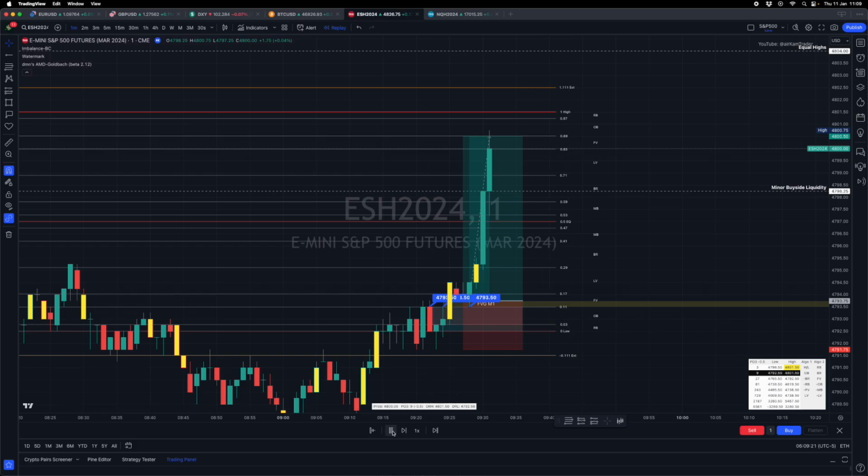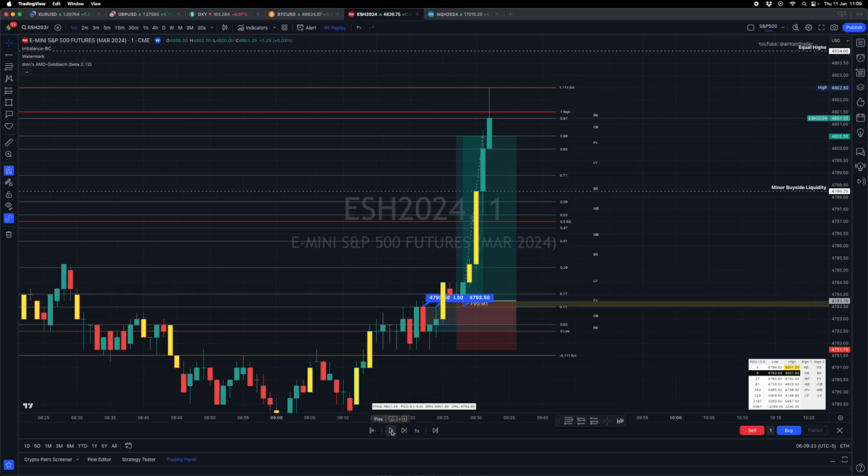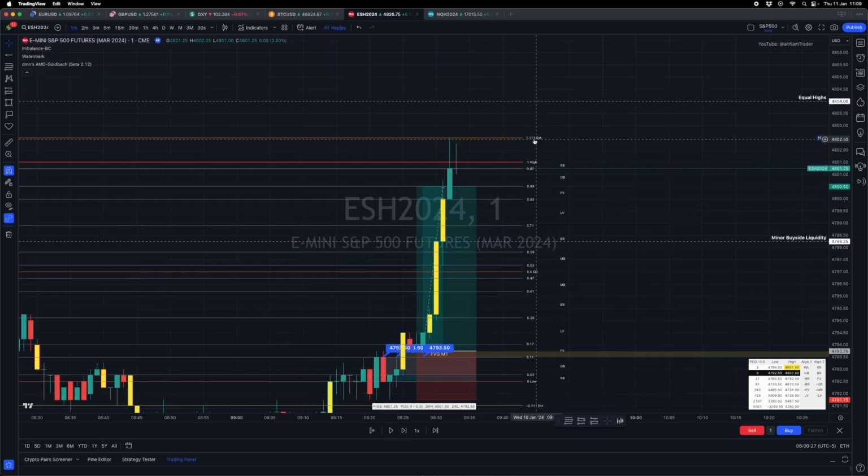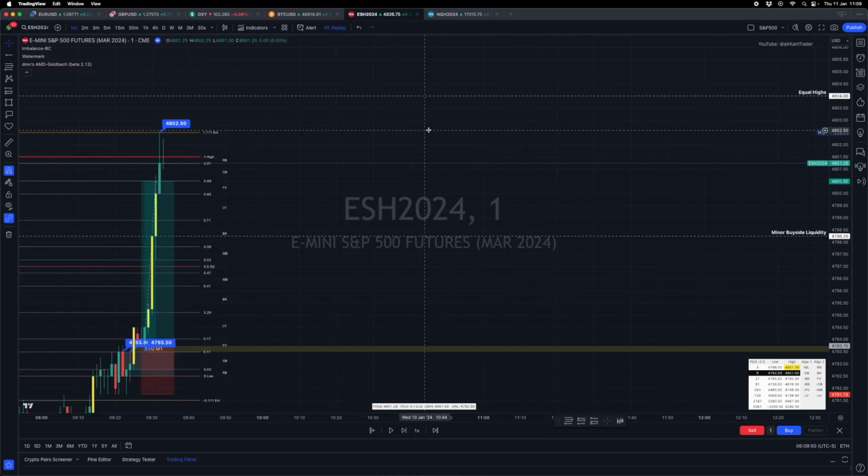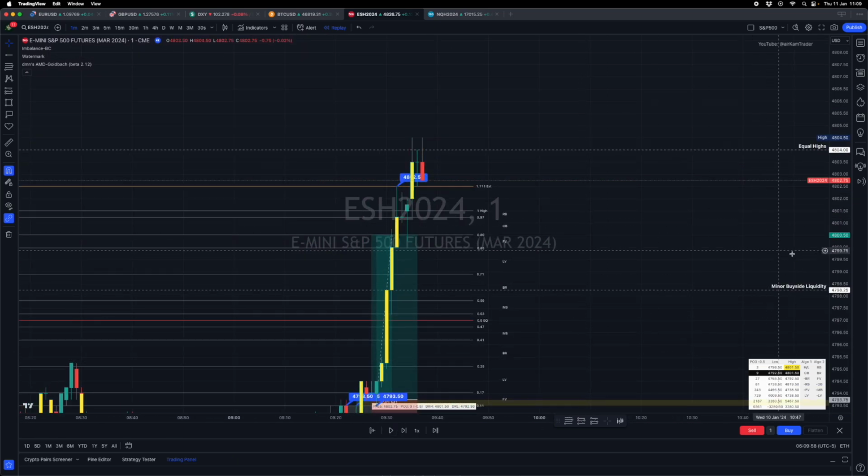Let's have a look at price action. See that rejection off of the extension? Exact. These are the relative equal highs that Michael targeted. There we go.